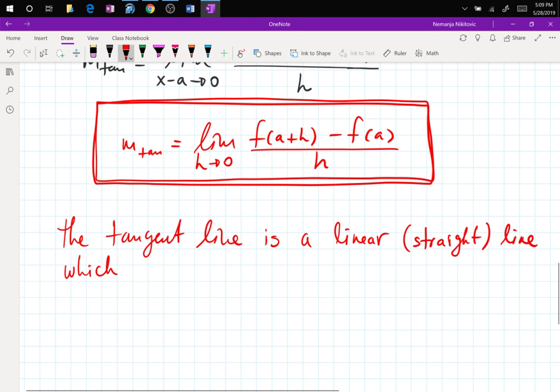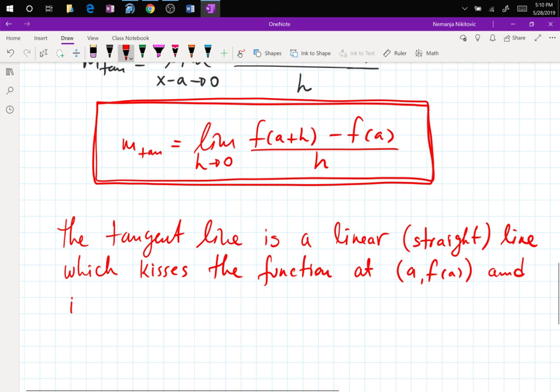The tangent line kisses the function at f of a, and it is perpendicular to the curvature.